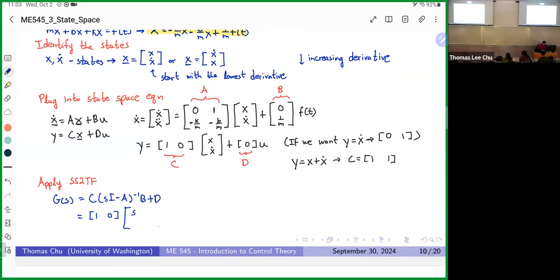We have s in the diagonals and we're subtracting A, so we get s, minus 1, plus k over m, and s plus b over m, inverse, multiplied by 0, 1 over m, plus 0, which is our D matrix.